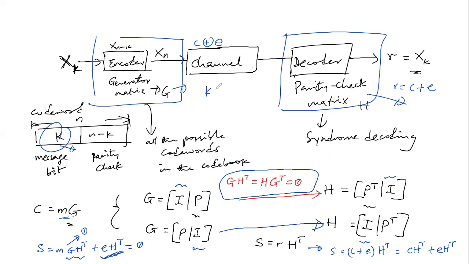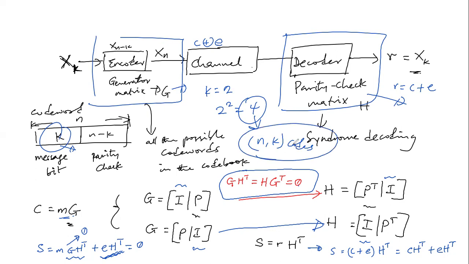If K, for instance, is 2, then 2 to the power of 2 is equal to 4. So we have 4 code words in the code book because we are dealing with (n, k) block codes.